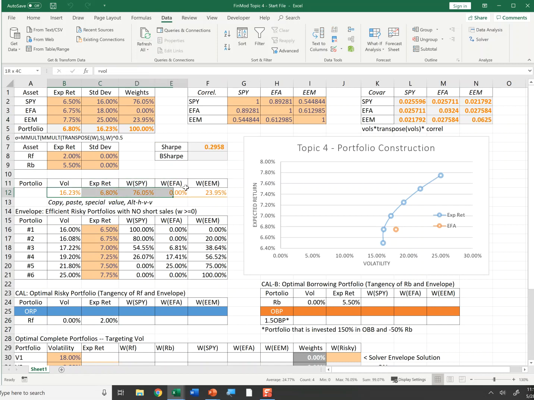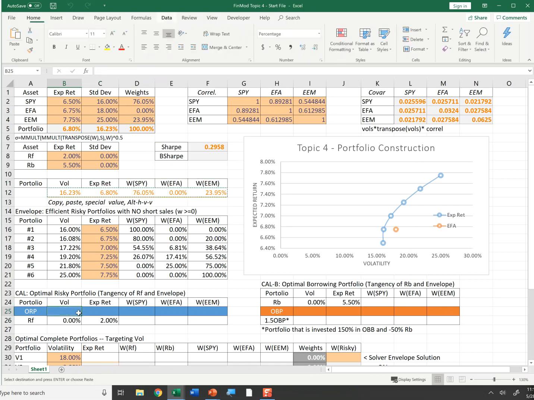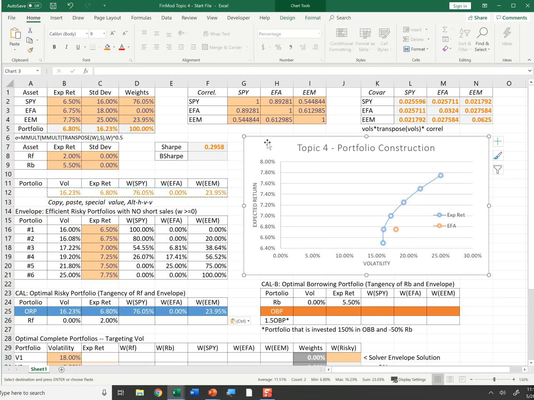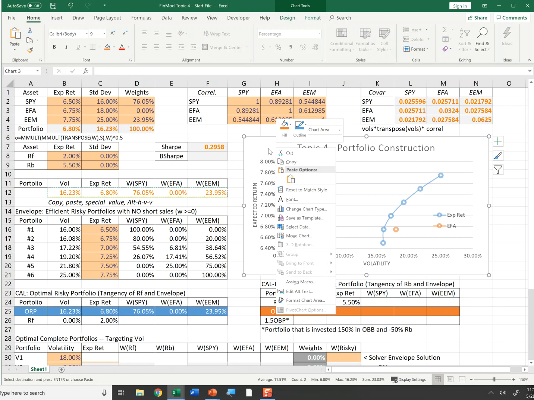I'm going to copy that portfolio and paste it right here, Alt-HVV. I'm going to call that the optimal risky portfolio. That's the portfolio that combines the risky asset, which plots along this envelope, and a risk-free rate of return. Now I'm going to add this risk-free rate to my graph.